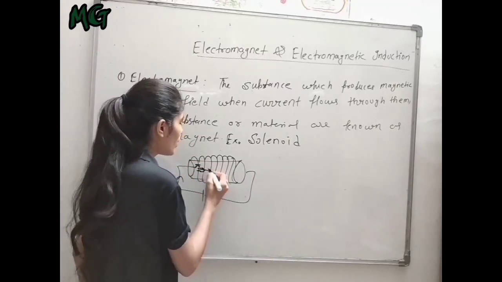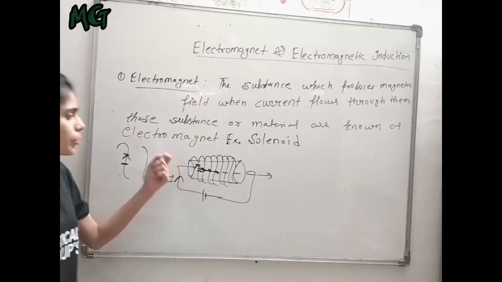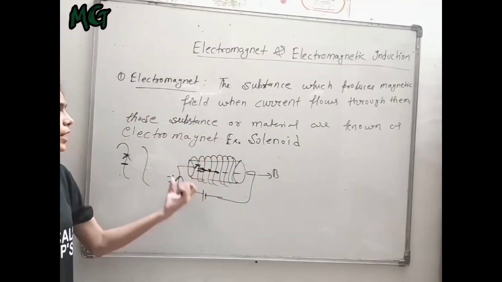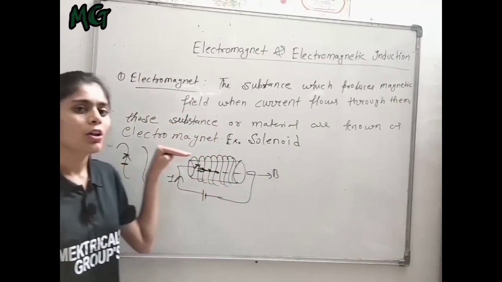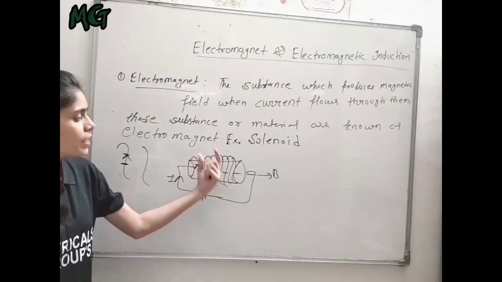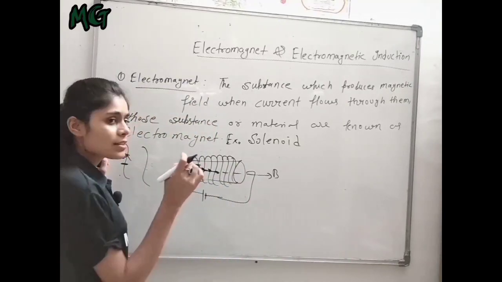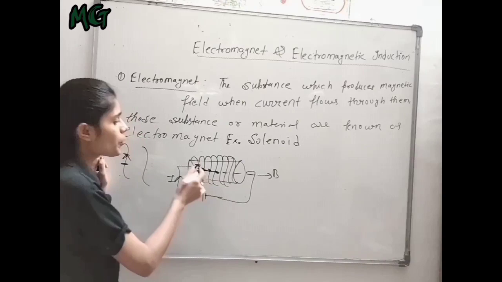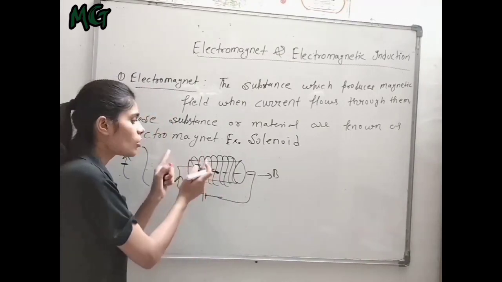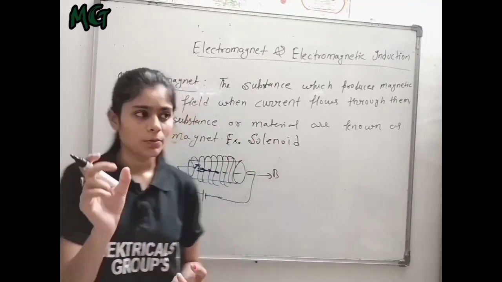Similarly for this coil, the magnetic field produced because of this current has its direction along the axis of the solenoid, or along the axis of this electromagnet. It has been found that all the properties of the magnetic field produced by this solenoid match a bar magnet.